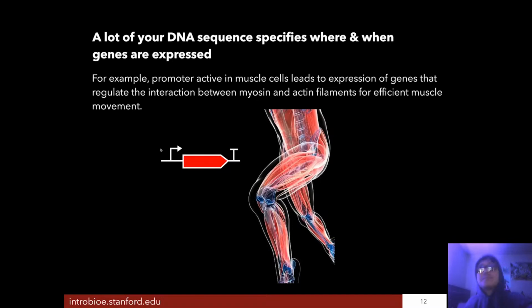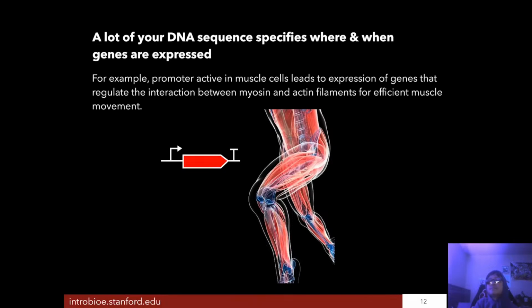And this promoter would basically only be active in muscle cells so that you get efficient muscle movement. You actually don't need the protein that this gene encodes in other cells within the body. And so that's where some of that DNA information is taken up. It's in these promoter regions, these what we call regulatory regions of DNA.